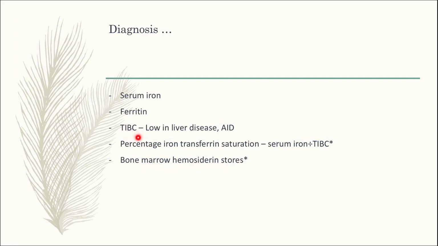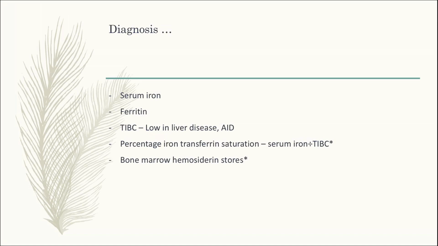TIBC estimates how much transferrin is able to effectively bind with the iron, because iron binding is really important. If the iron binding is not adequate, then it can lead to iron deficiency anemia, or if the transferrin protein itself is less in circulation, then again it can cause iron deficiency anemia, which will be commonly seen in liver diseases.